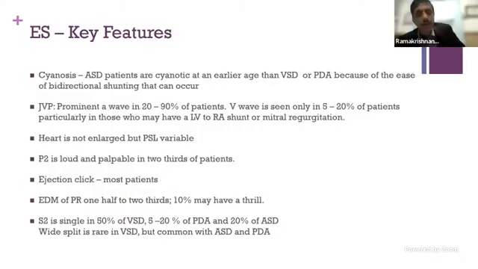So patients with ASD developing Eisenmenger syndrome is very rare, but if Eisenmengerization has to happen, they are likely to be cyanotic at an earlier age. Reverse of this, for example, if you look at how much right to left shunt happens at each level, in a child with TGA, you always ask which is the best mixing chamber.